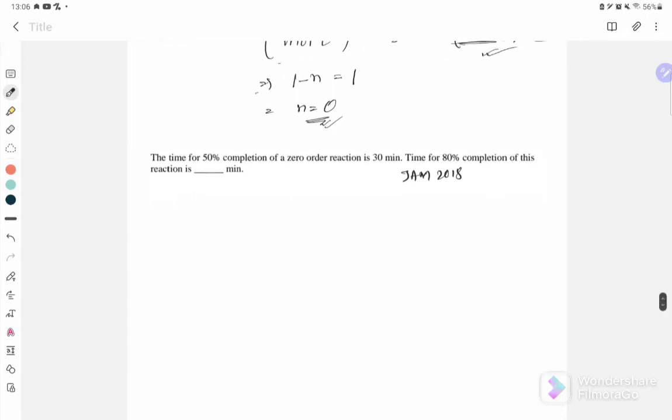The time for 50% completion of a zeroth order reaction is 30 minutes. It asks for the time for 80% completion.